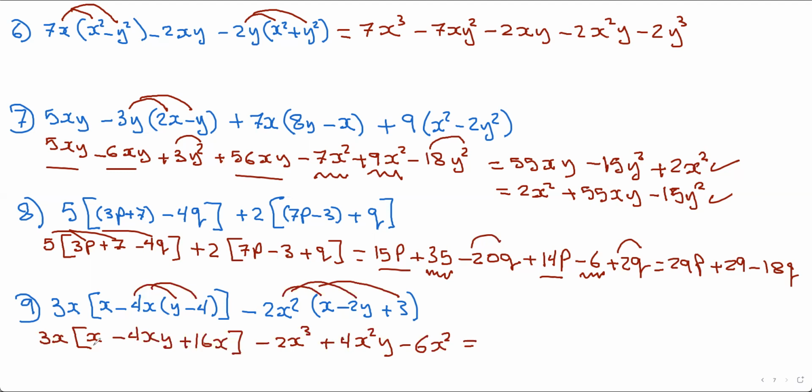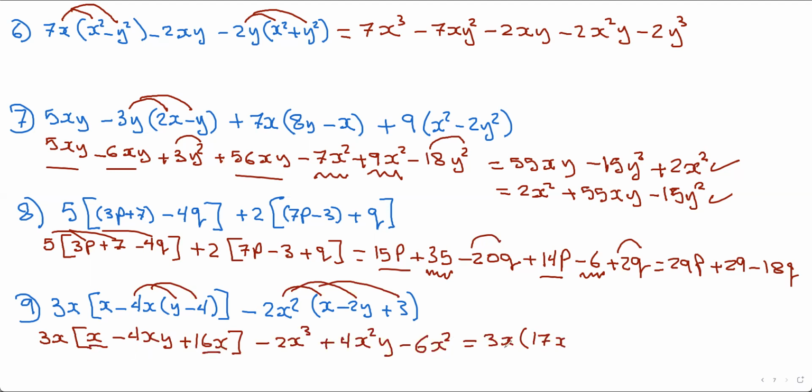Here, I'm going to collect like terms on the inside. So I'm just going to rewrite this as 3x. And I could change that square bracket to round bracket if I wish, or keep it square bracket. x plus 16x is going to be 17x, because these are like terms right here.